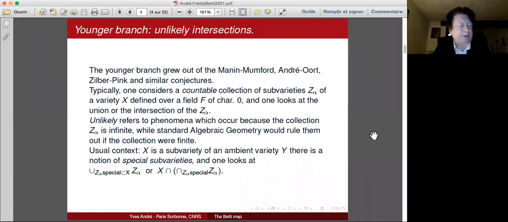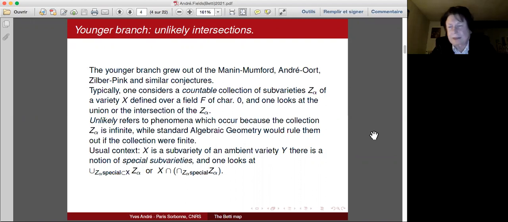And typically, in this theory, one considers a countable collection of subvarieties, which I denote by Z_alpha, of a given algebraic variety X, defined over a field F of characteristic 0, and one looks at the union or at the intersection of these Z_alpha.